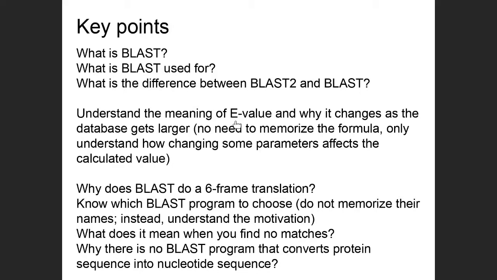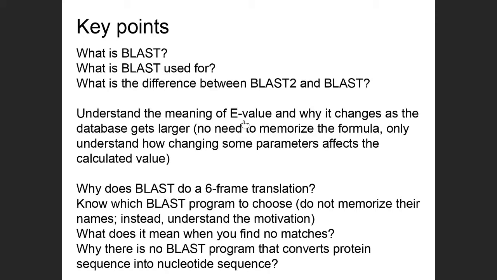I'll give you the formula. If you are not in math, you're going to go like, oh my gosh, what's this? I just want you to know, given this formula, when you alter some parts of the formula, how would the value change? But the meaning of the value is the expectation that the two sequences will be a match due to randomness. You could think about it that way.